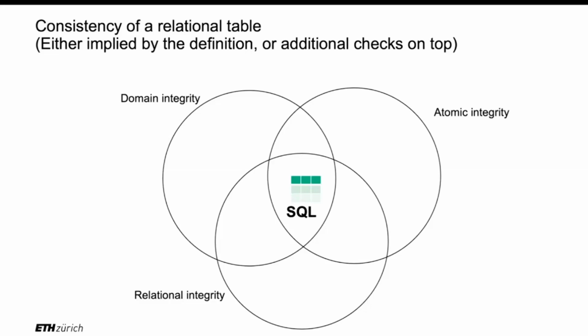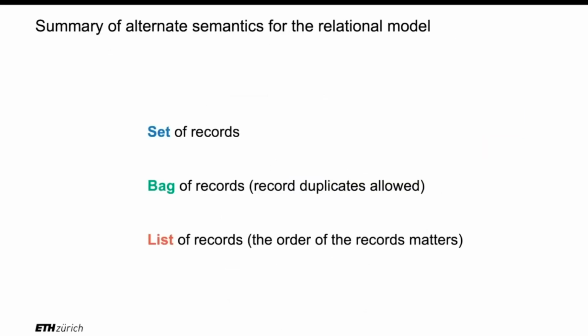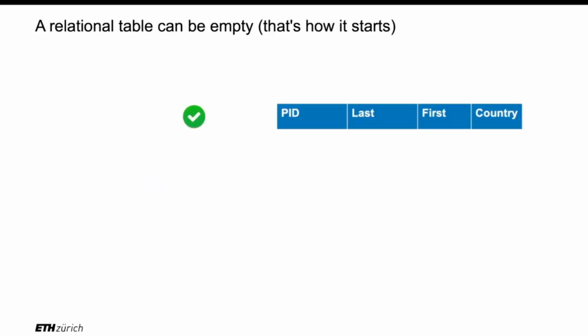Plus, we'll want to ensure a few more things for this math to actually work. Because we say here, if I come back, set of records, bag of records, list of records, but we don't want anything. We want it to make sense in some way.